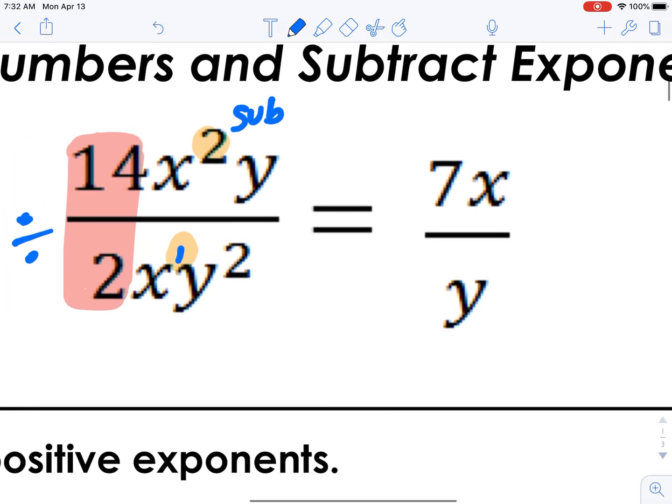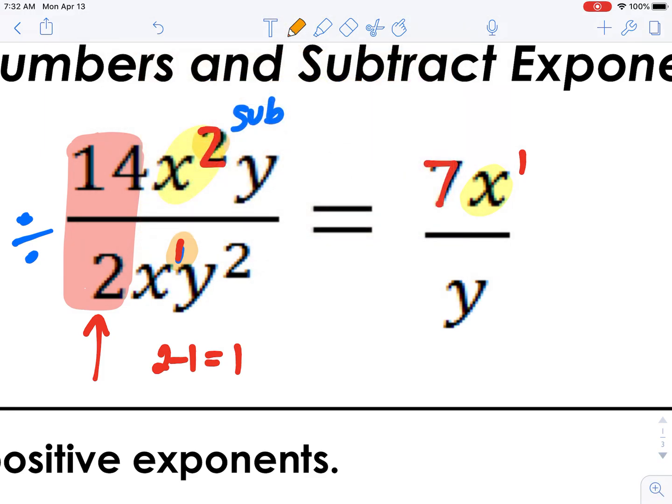So for this problem, let's go ahead and look a little closer at it. For our numbers, we divide numbers. 14 divided by 2 is 7. For my x's, take your exponents. 2 minus 1 is 1. And it's going to stay where the bigger exponent is, so it will stay in the numerator, in the top.